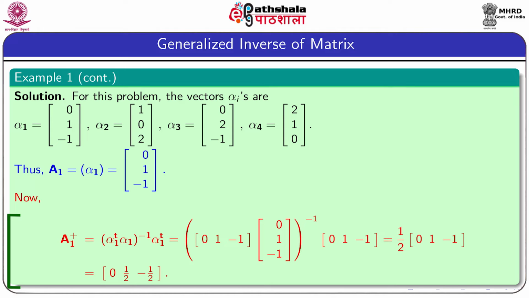The row vector is nothing but alpha 1 transpose, and after simplification the matrix A1 plus becomes half into 0, 1, minus 1. So 0, half, minus half is the first G inverse of the submatrix A1.